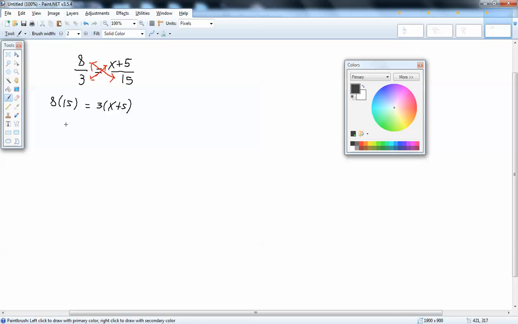Well, 8 times 15 is 120, I think. 3 times x is 3x. 3 times 5 is 15. Get everything with an x on one side, numbers on the other, so take 15 over. And that gives us 105 equals 3x. Divide both sides by 3. And we get x equals 35.